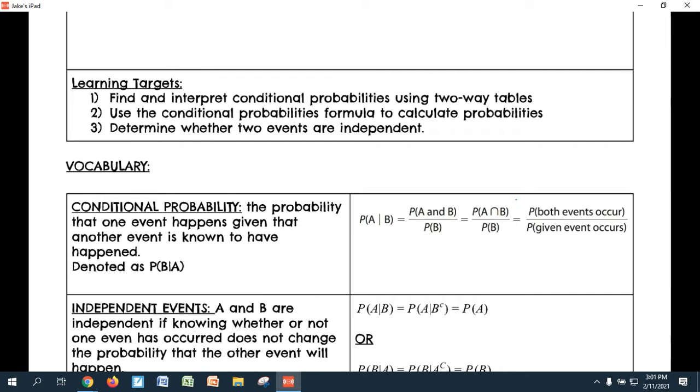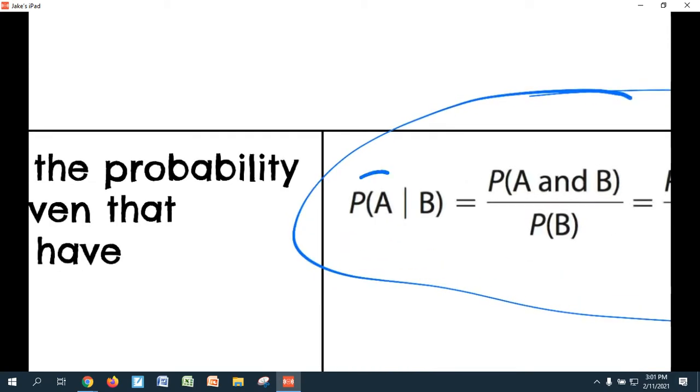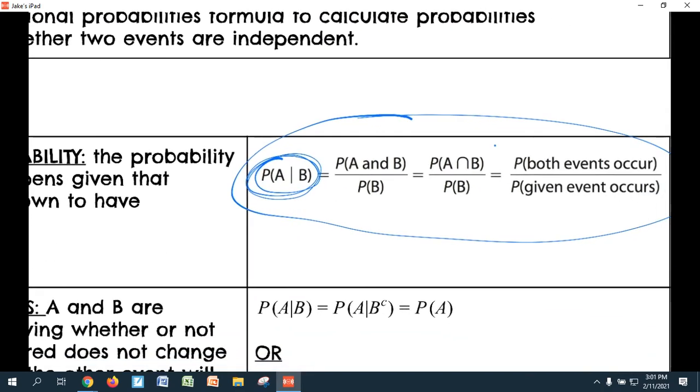When we have two events, one event is already given, that event happened. What's the probability of the other event happening? This is the formula that we use, and this is the notation that we use. In this case, given event B happens, what's the probability that event A happens?